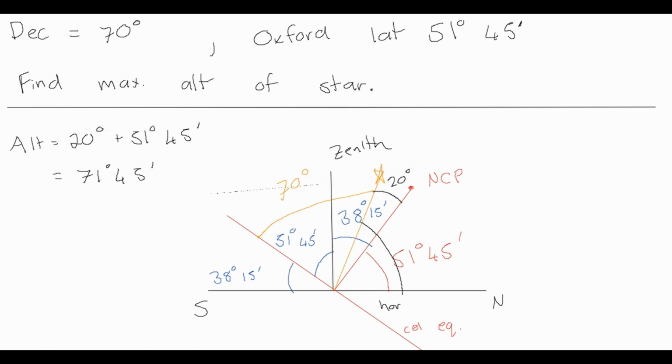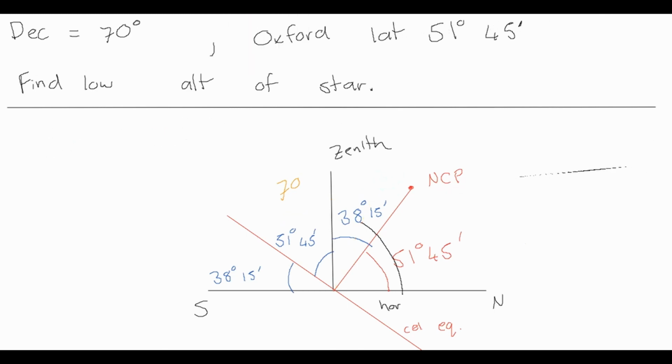71.45. If we had been asked to find the lower transit, so let's find the lowest altitude, it would be very, very similar. So instead of being above the North Celestial Pole, our star would have been below it, over here.